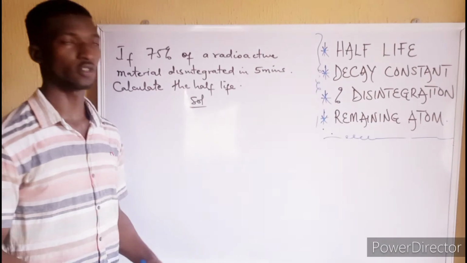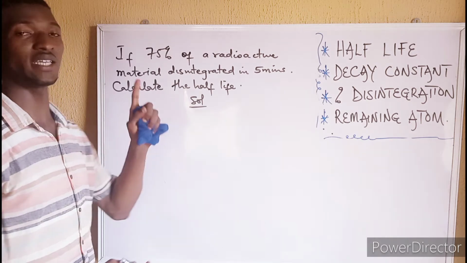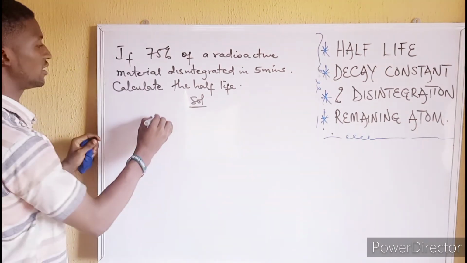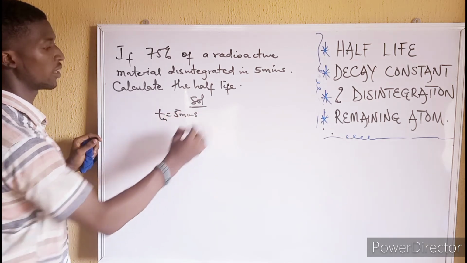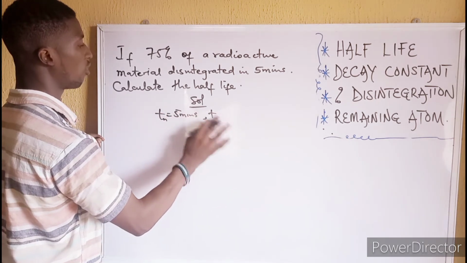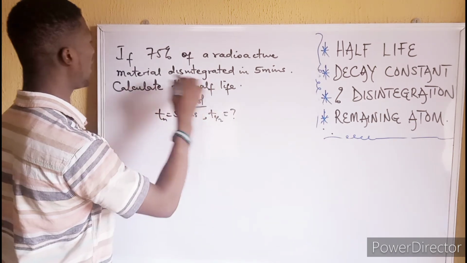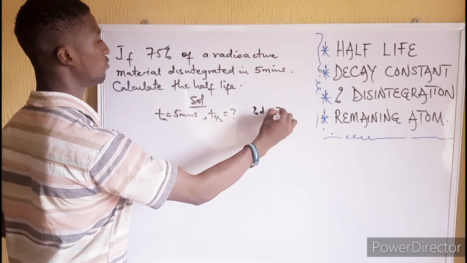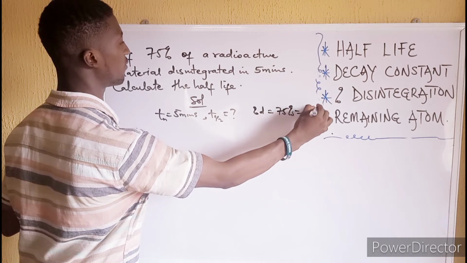Let's look at this last question, which states that if 75% of a radioactive material disintegrated in 5 minutes, calculate the half-life. The time taken for disintegration is 5 minutes, and that is our Tn. The half-life is what we are looking for. Here the percentage of disintegration is 75%, which is the same thing as 0.75.